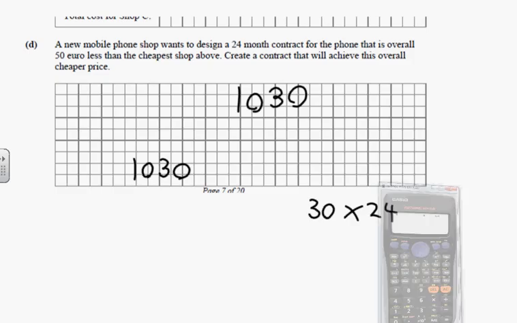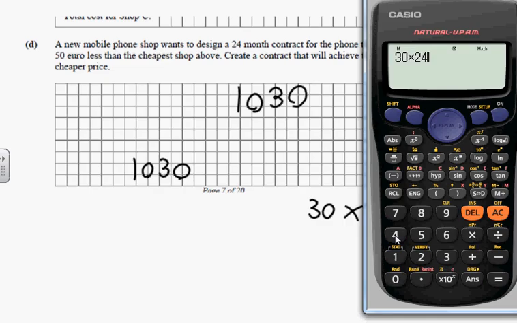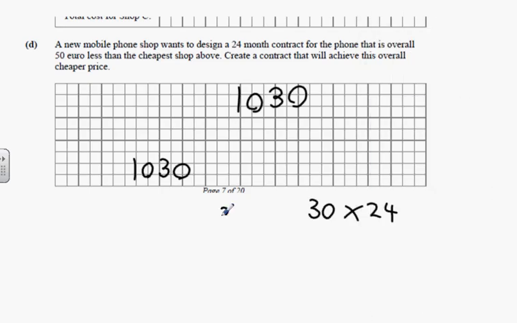What's 30 times 24? 720. And then how much short are you? Then you say, okay, €310 to buy the phone now, plus €30 for 24 months. Anything that adds to 1,030 will work. Does anybody have any other combination that will work?